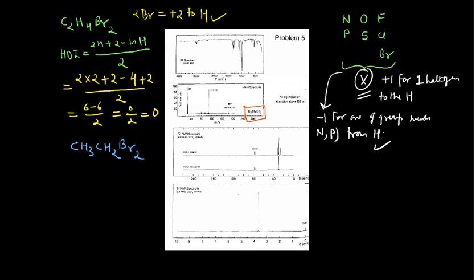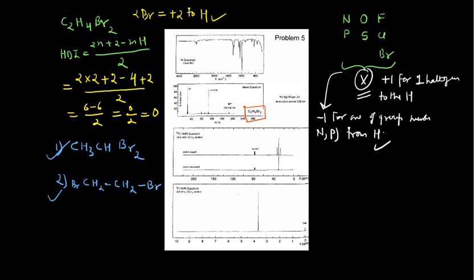Let me correct it. You can remove this from here. This is the formula, the first possibility. And then your second possibility is CH2, single bond CH2, connected with the Br here, and connected with the Br here. Only these two structures are possible. So, this problem is quite easy, right?